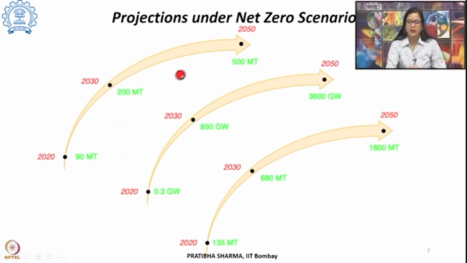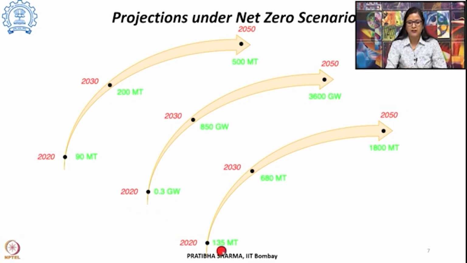Now, if this is the forecast, then for providing that much hydrogen as we move in the net zero scenario, the requirement of electrolyzer capacity, which is currently 0.3 gigawatt of installed capacity, will grow to 850 gigawatt by 2030, and it will be 3600 gigawatt by 2050. So this is the requirement in terms of electrolyzer capacity. At the same time, in the net zero scenario, the fossil fuel plants need to be integrated with CCUS, so carbon dioxide capture will be required.